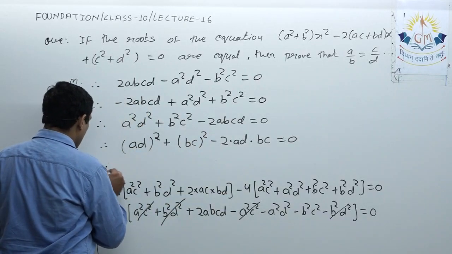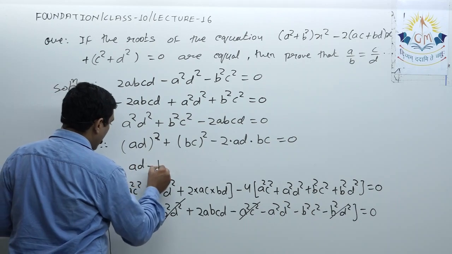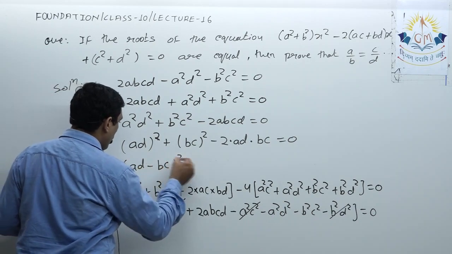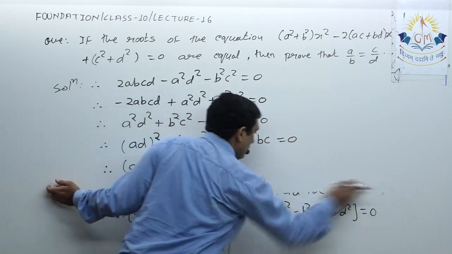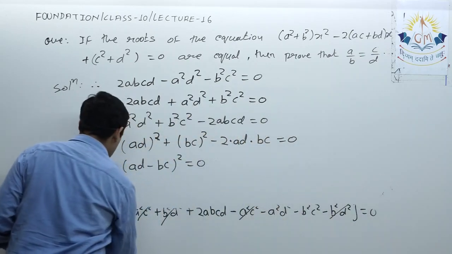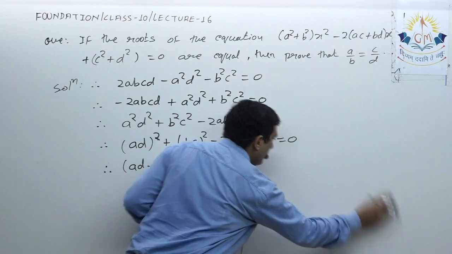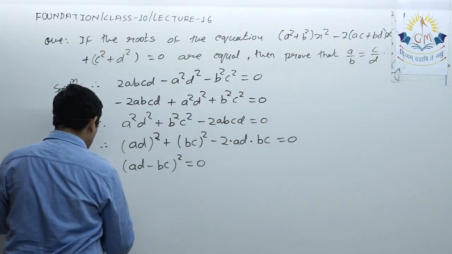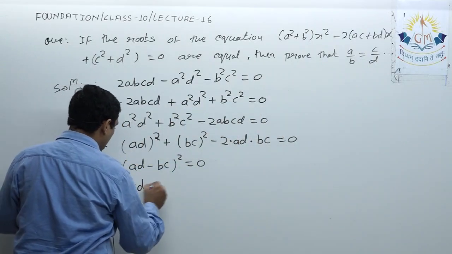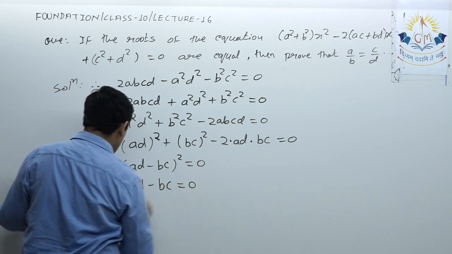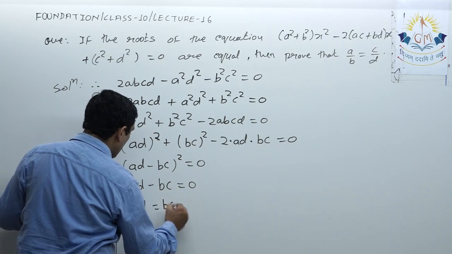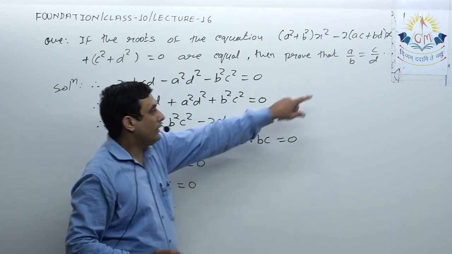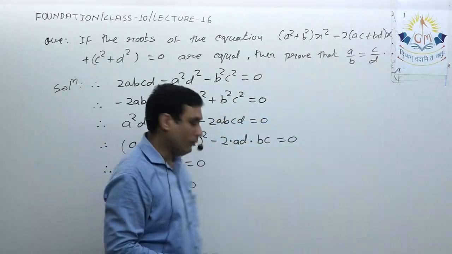So this gives you (AD minus BC) whole square is equal to 0. So I can say therefore AD minus BC is equal to 0, or ultimately I can say AD is equal to BC. Now what I need to prove is A upon B is equal to C upon D.